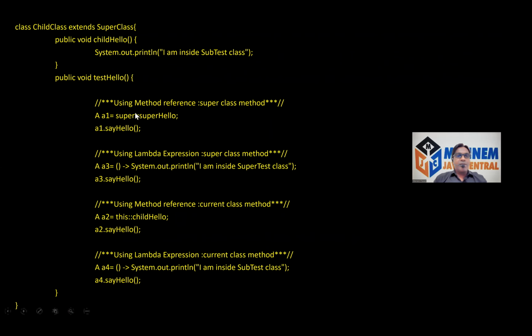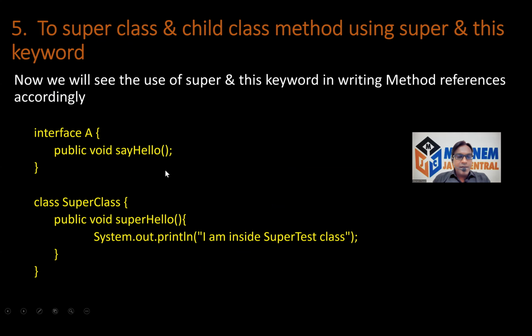And next, I have a child class which is extending that super class. And this is a separate method, childHello method. And I have one more method, testHello. Now we are going to see how to access the super class method by using the super double colon operator, called the superHello method. This superHello method is present in which class? Super class.